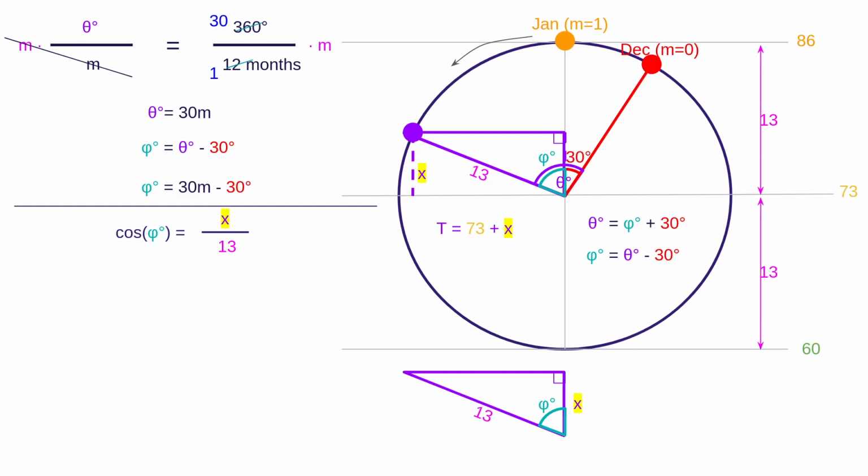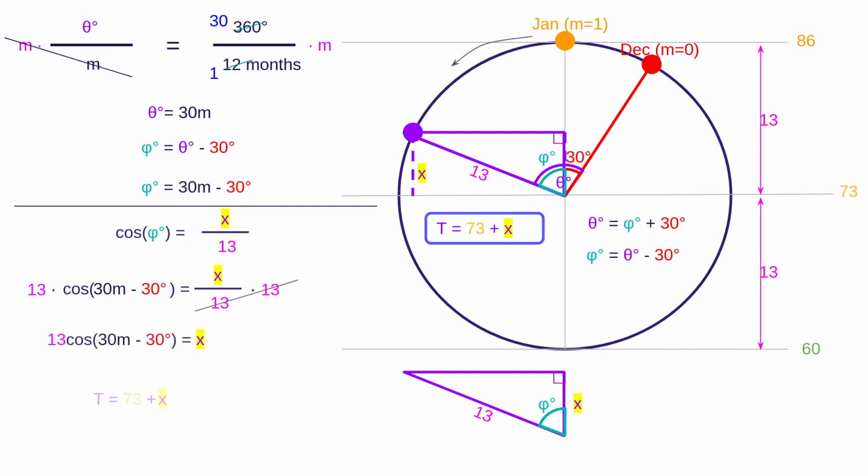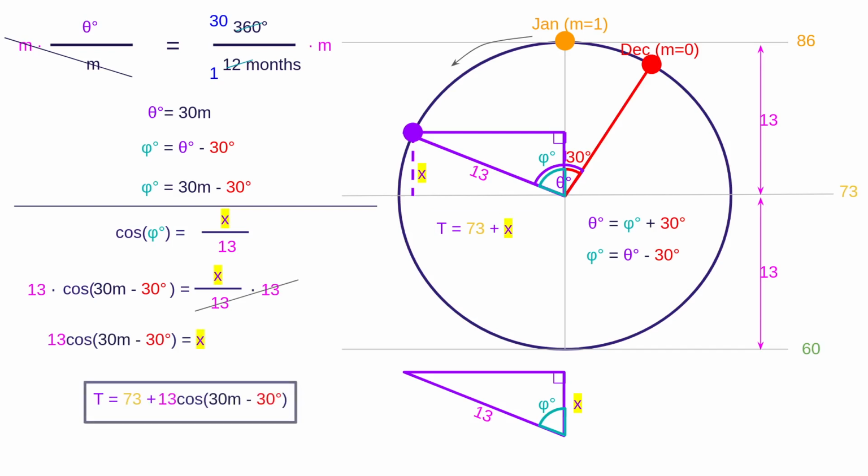If you look at your picture, the sine and cosine just comes out of it. If I can bring this down and plug in my 30m minus 30 there, isolate x, look at my relationship between x and capital T temperature, plug everything in, and I get an equation relating temperature and the month.